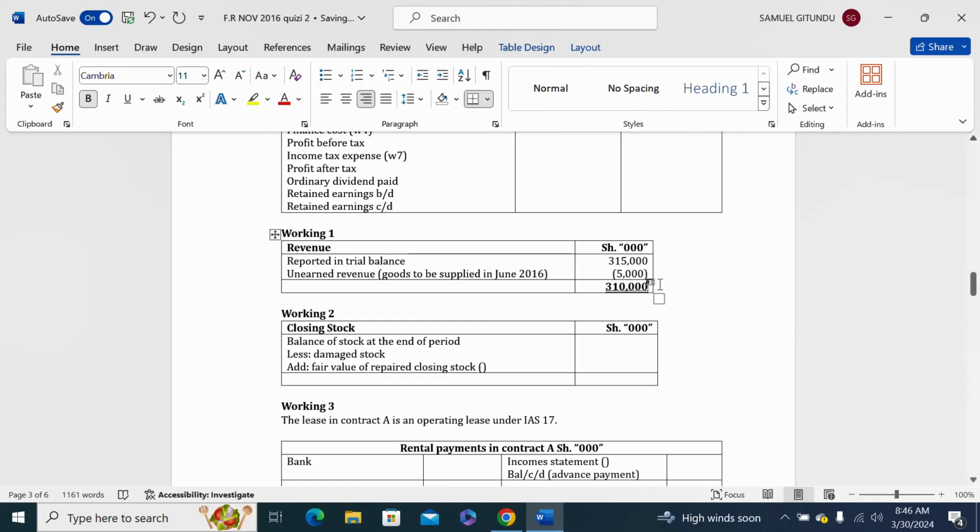This is the figure we are going to report as our revenue, and then this one will go to our statement of financial position.